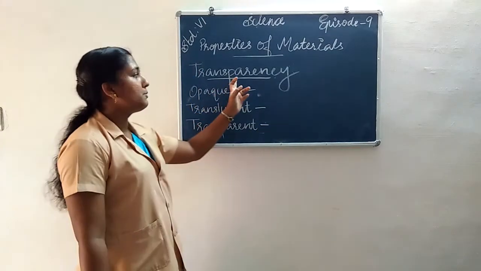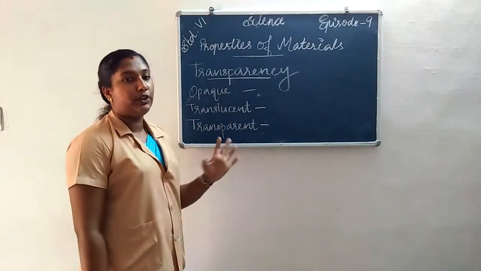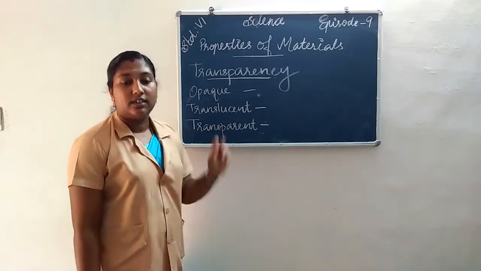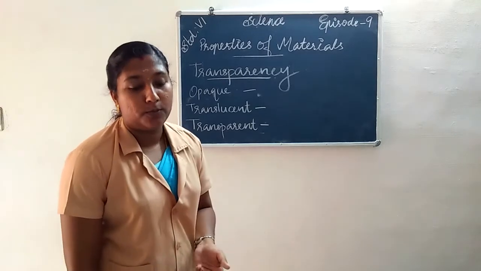So on the basis of transparency, objects can be classified into three groups: opaque, translucent and transparent. What are opaque objects?